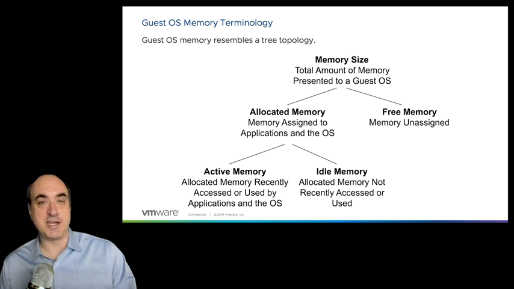It could be the applications actually have stopped, so those pages should be moved off of the VM and into a free list at the ESX server level. Because the VM isn't going to actively tell the VM kernel that these pages should be freed up, the VM kernel can't really tell the difference between idle pages and actual free pages. All right? The VM kernel does have a helper here. It's called the balloon driver, which we'll take a look at in the next section.